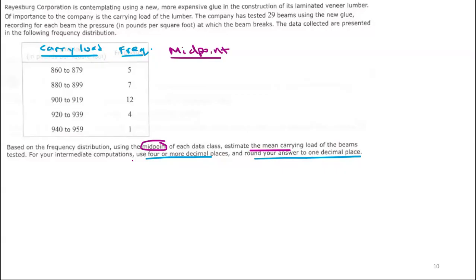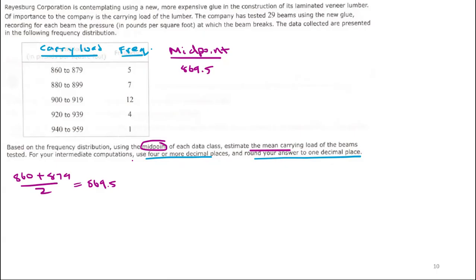Okay. So again, to find the midpoint, we talked about this before. We just take these two numbers, the 860 plus 879, and divide it by 2 to find the midpoint. So when you do that, you get 869.5. Okay. So that's 869.5.